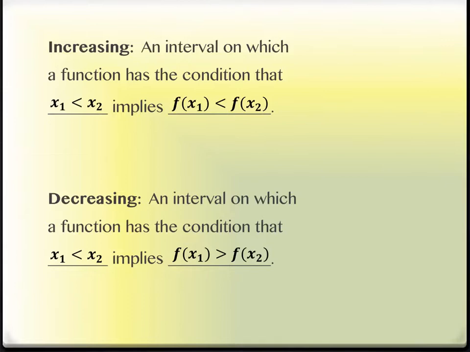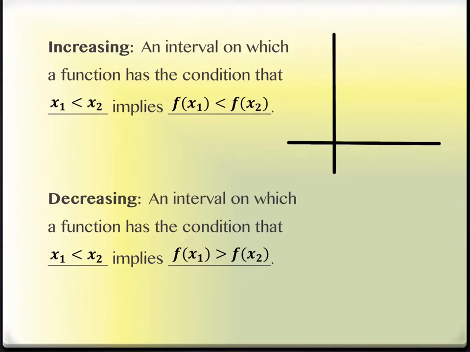But for starters, a graph is increasing when on an interval, a function has the condition that if x1 is less than x2, f of x1 is less than f of x2. And we'll draw a picture. It doesn't have to be inside of the first quadrant, but there's no reason I can not draw it there too.